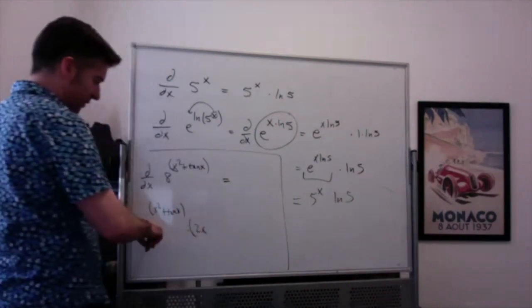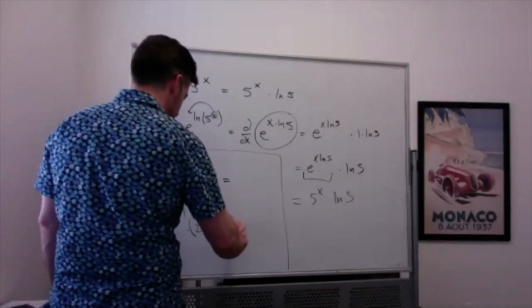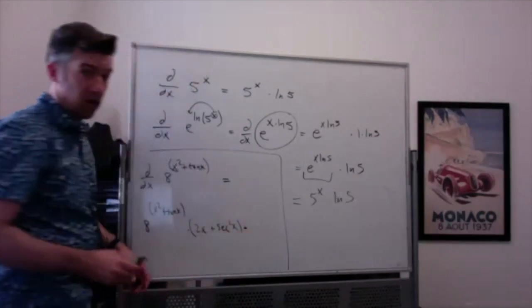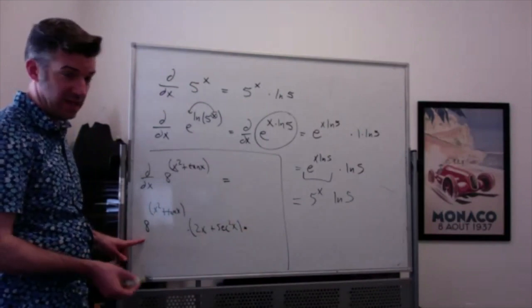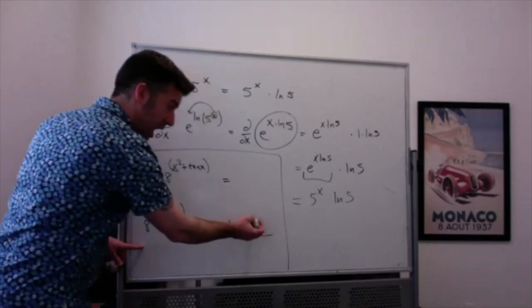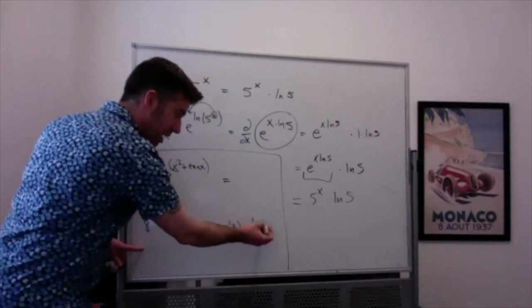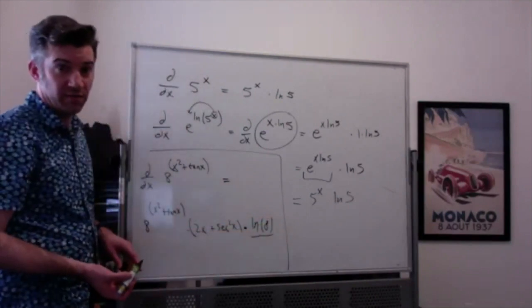So the derivative of the stuff is 2x plus the derivative of tangent, which is secant squared x, times, okay, everybody, what else do I have to multiply by since my base was 8 instead of e? Natural log of 8.